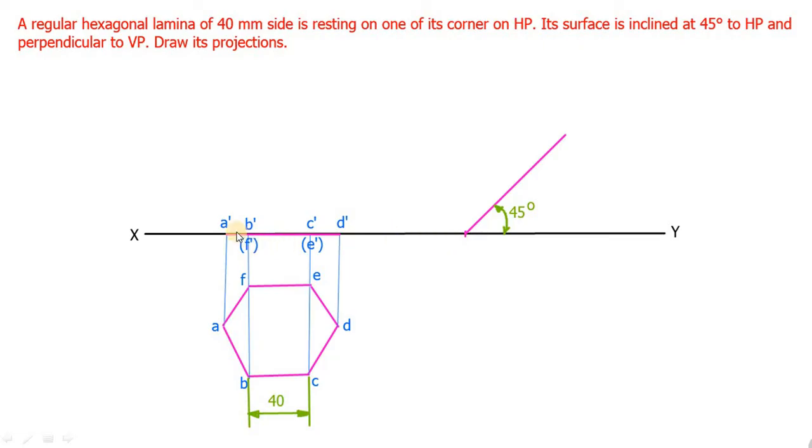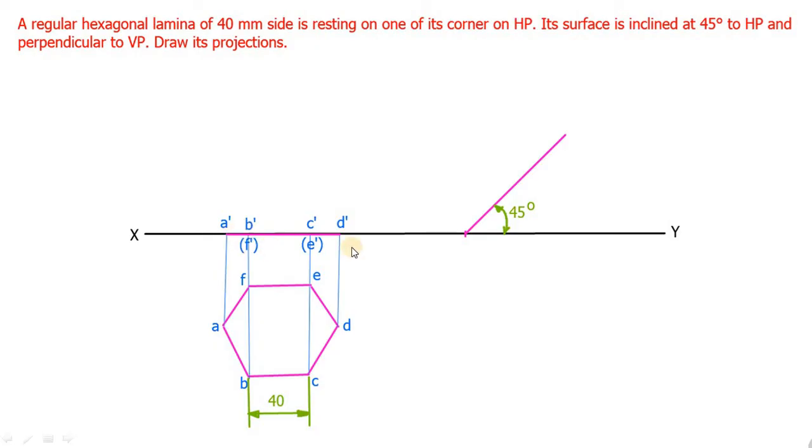Then we have to measure this distance, that is A dash B dash. You can measure using scale or compass, whichever is comfortable for you. Measure this particular distance and mark here. So this will be A1 dash. Similarly B1 dash will be this point.